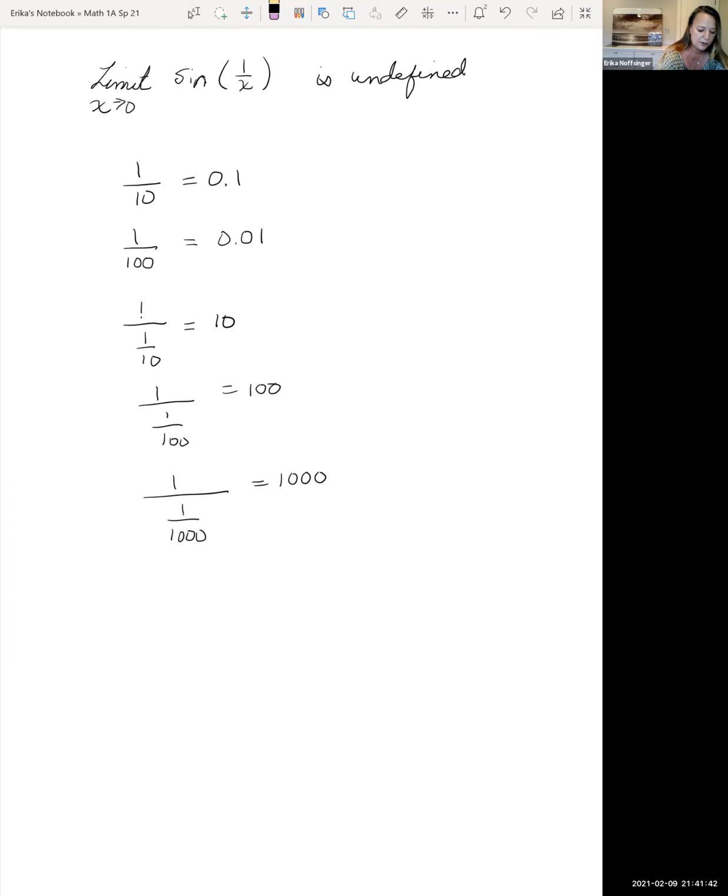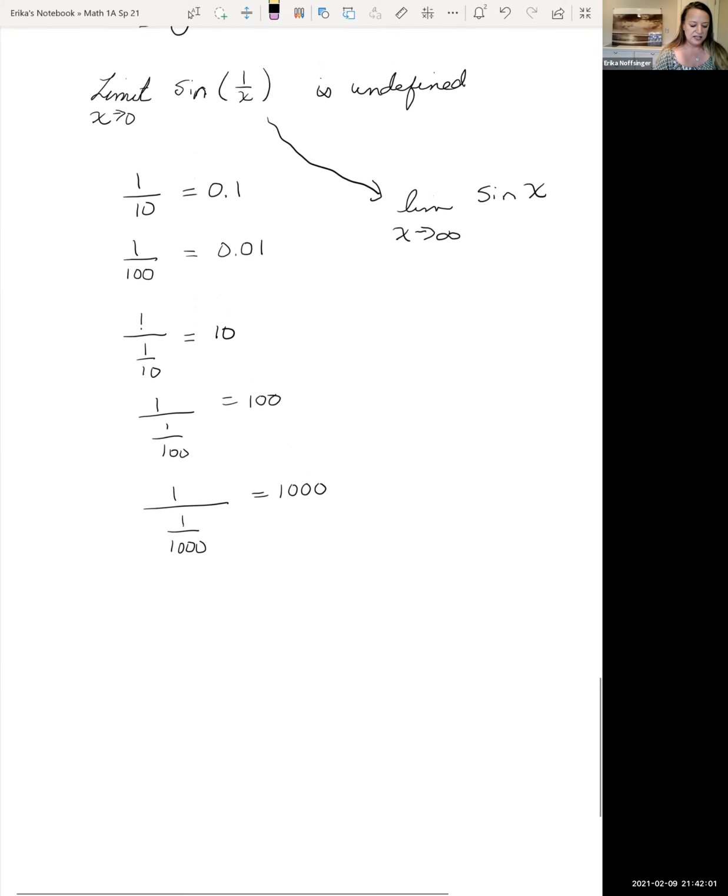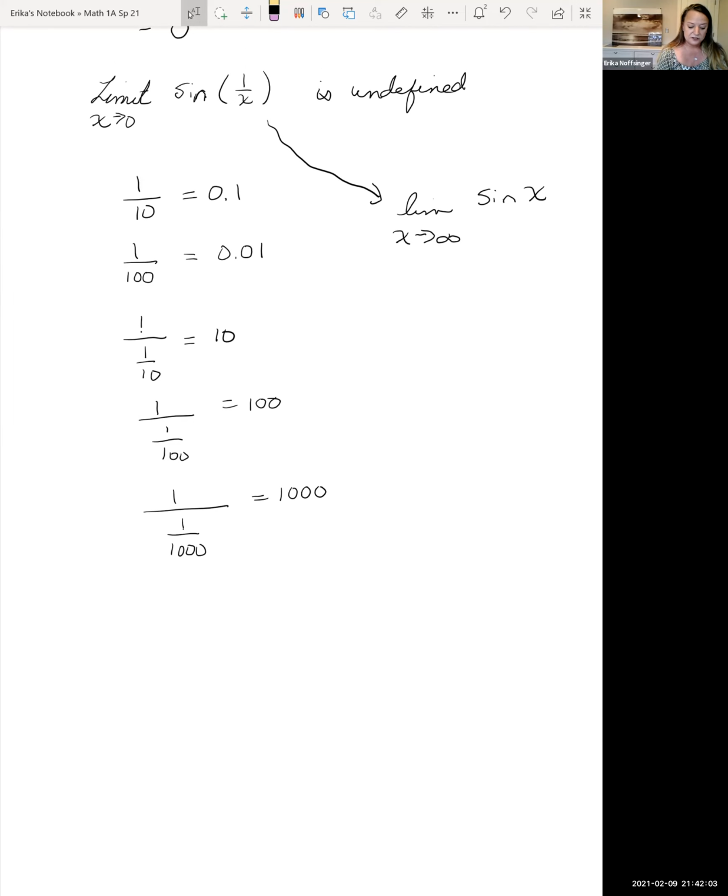Another way that we can write this is the limit as x approaches infinity of sine of x. Well, it really depends on whether we are looking at the left or the right.